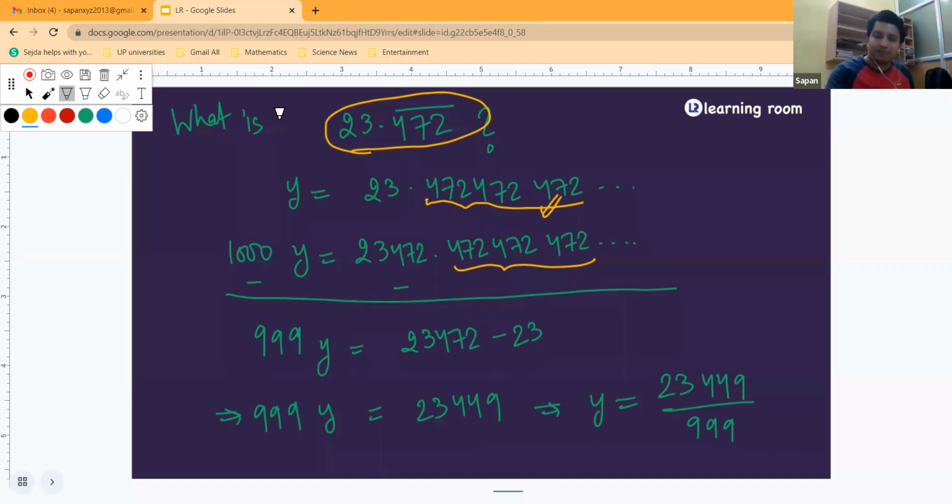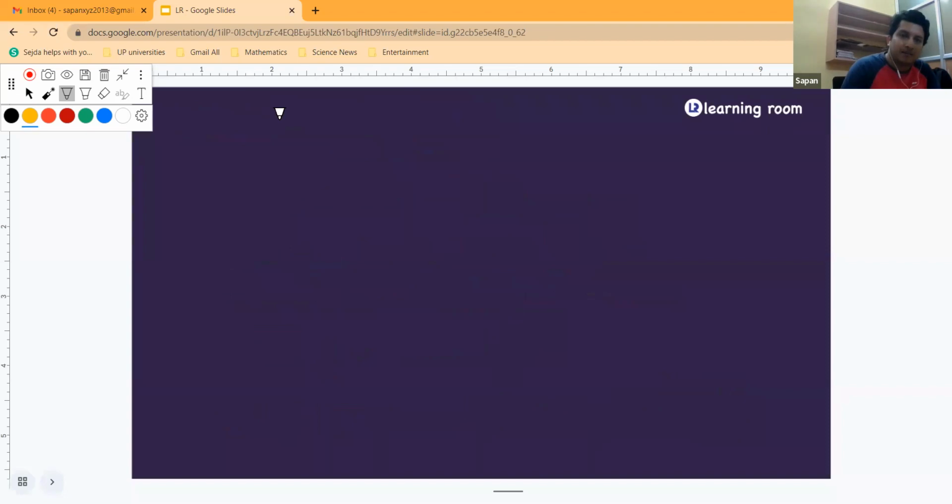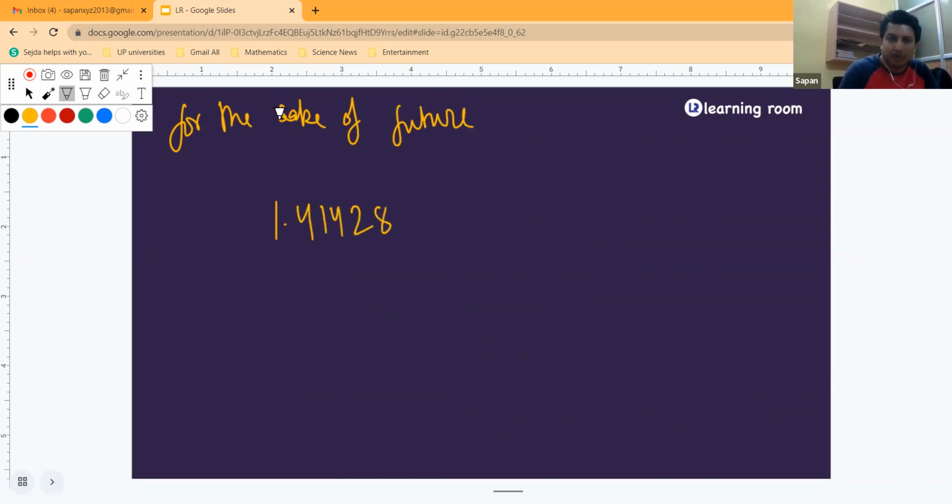For example, for the sake of future, we will be able to know what is 1.4142851347912. There is no pattern.